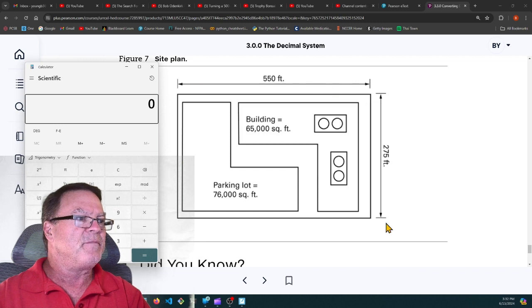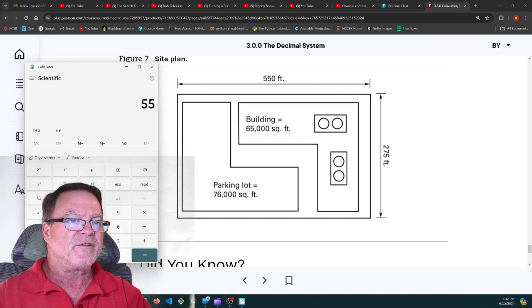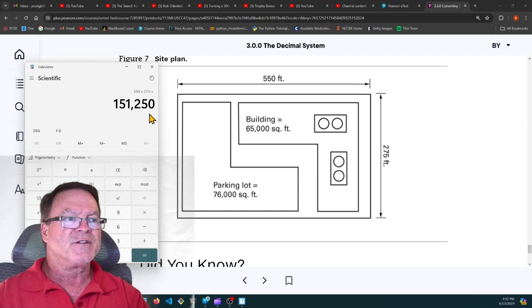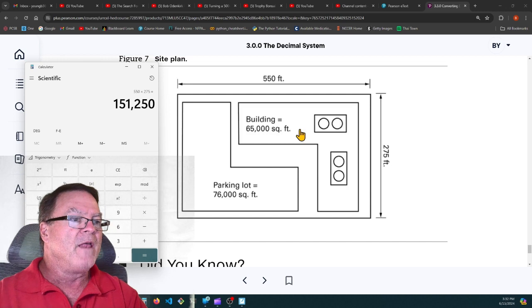It's 550 feet by 275 feet. So 550 times 275 gives us 151,250 square feet for the lot. They've already given us the building at 65,000 square feet and the parking lot at 76,000 square feet.